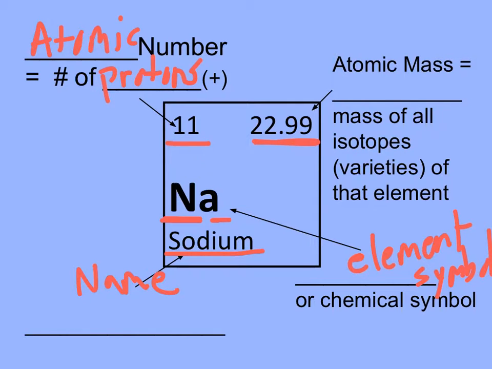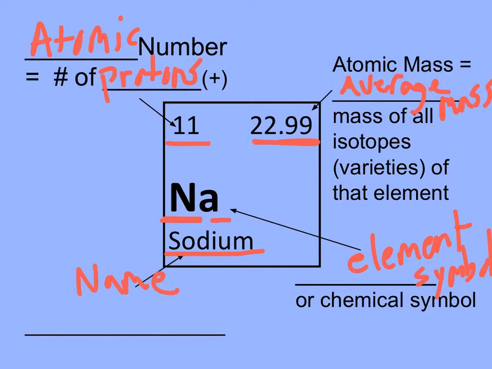And the atomic mass is the average mass of all the isotopes or varieties of that element. Some elements can have many different types of isotopes, and so it's an average of all those together.